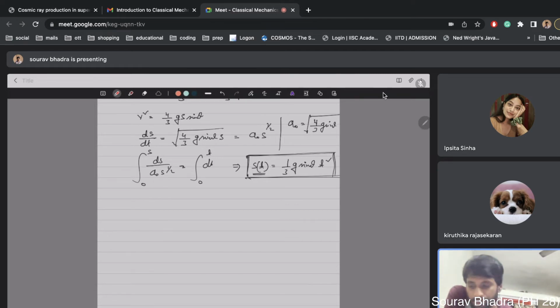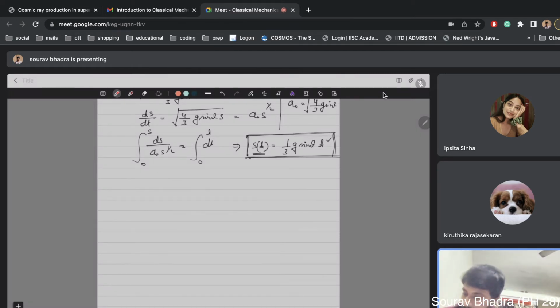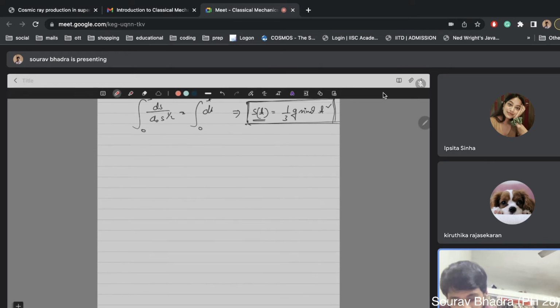So you have learned the principle of moment of inertia and all that stuff in class. So we can write our L1 as I11 omega 1 plus I12 omega 2 plus I13 omega 3. Now if we go to our principal axis, it can be written as I omega 1, where omega 1 is the angular velocity with respect to the principal axis.